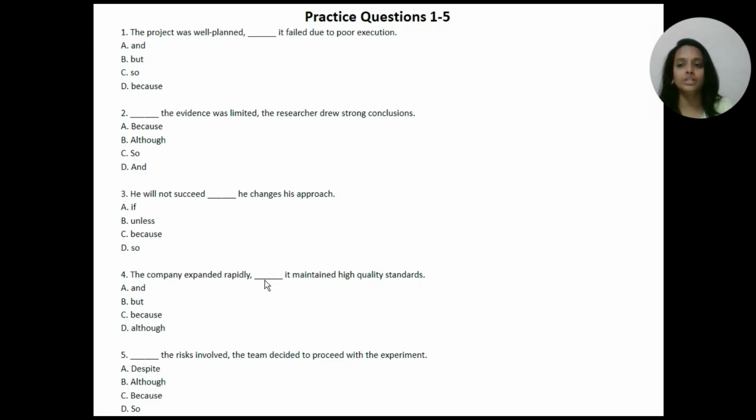So here, and should come here. Okay, so this one is the addition. Dash the risk involved, the team decided to proceed with the experiment. So here again the contrastive phrase, what should come here? Despite the risk involved, the team decided to proceed with the experiment.